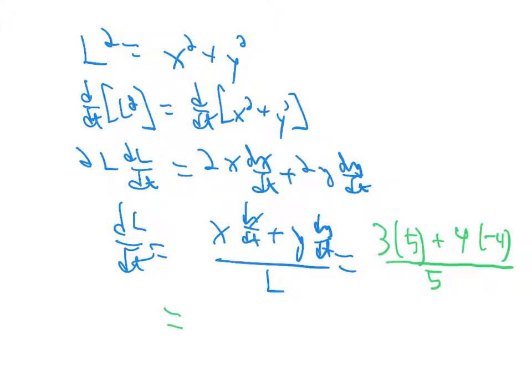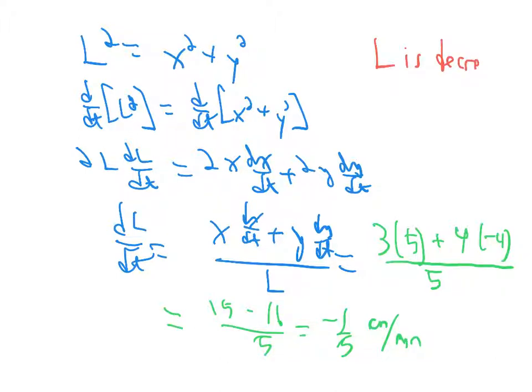So we end up with 15 minus 16 over 5, or minus 1/5 centimeters per minute. Since dL/dt is negative, L is decreasing at this time.